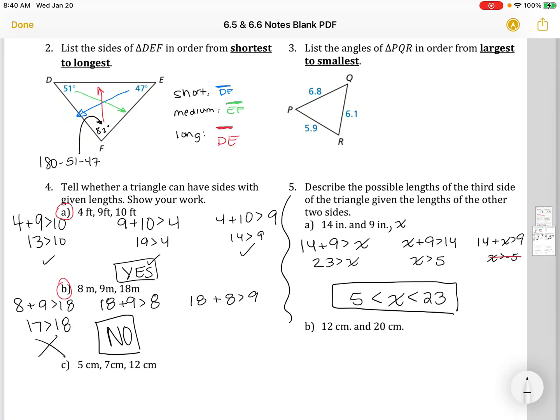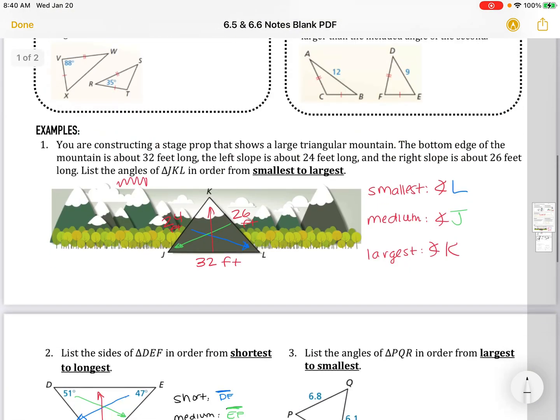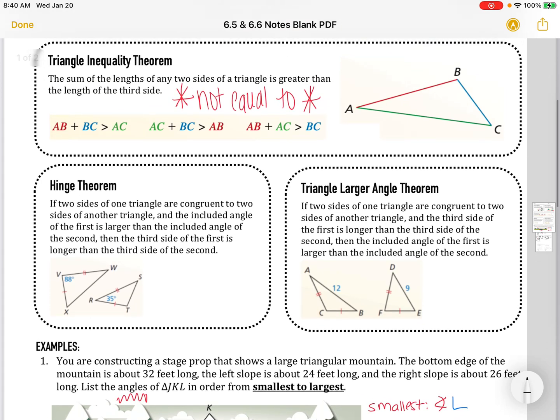Okay, one more skill to acquire. Meet me back here at the hinge theorem. Let's say two sides of a triangle are congruent to another two sides. You can see that in the picture with the red tick marks. And the included angle of the first triangle is larger than the included angle of the other one.